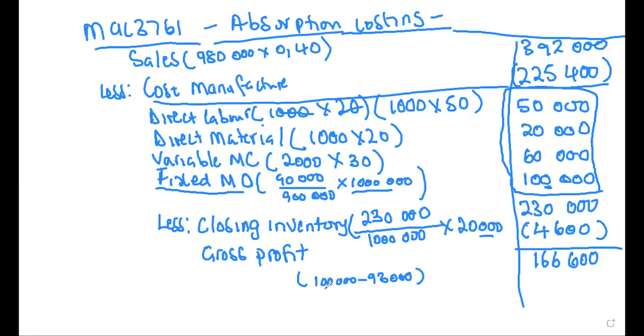This is the actual. No, this is the budgeted, and this is the actual. Am I right? Yes, 100 is budgeted and 93 is actual. So is it an over or an under?